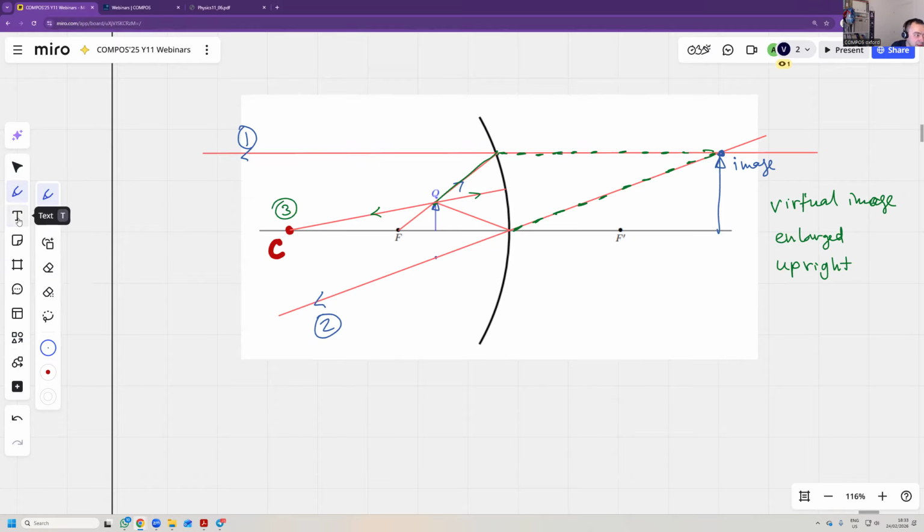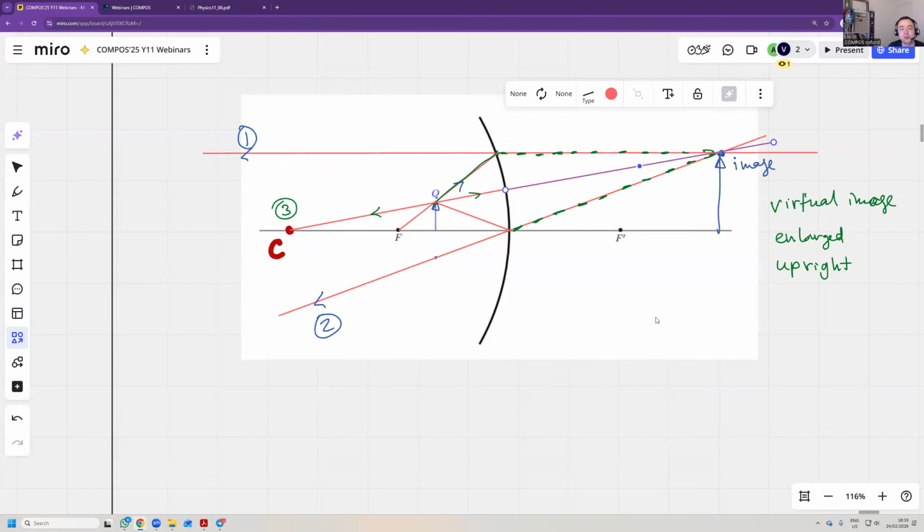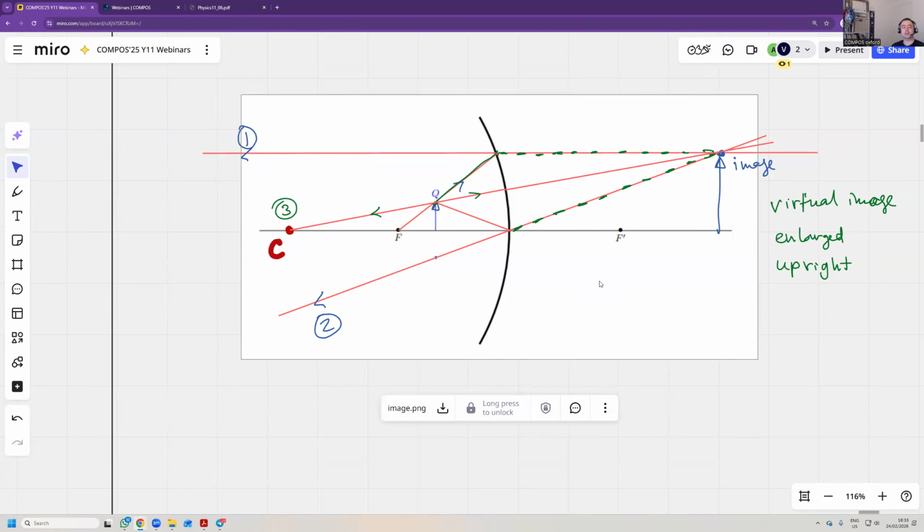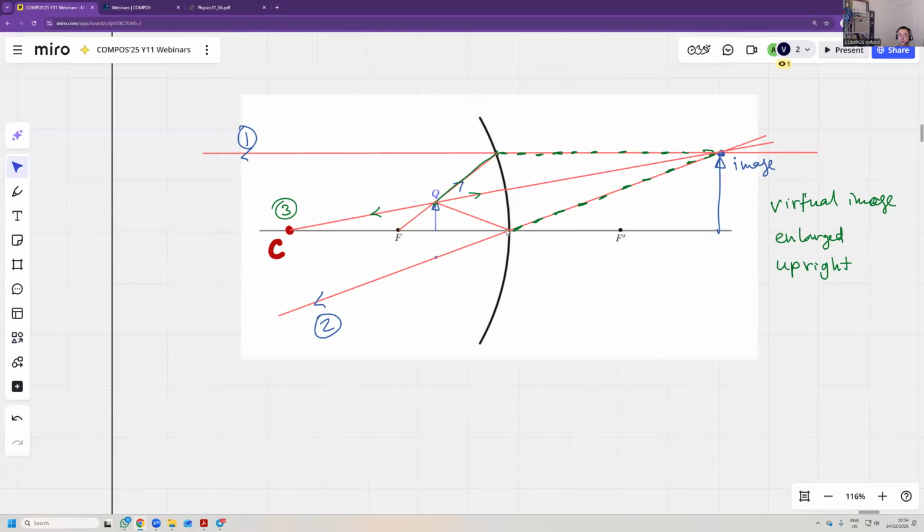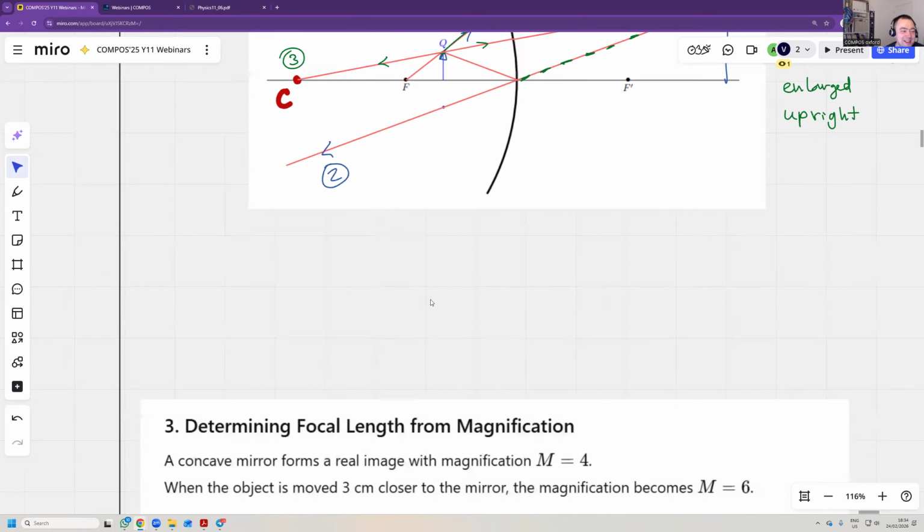And if you continue that line, it will meet at the same point as the image. Right, so 3 principal rays. One goes through the tip and then from the focal point and reflects parallel. The second one goes from the center and back, and the third one reflects from the vertical part of the mirror, where the mirror meets the principal axis.